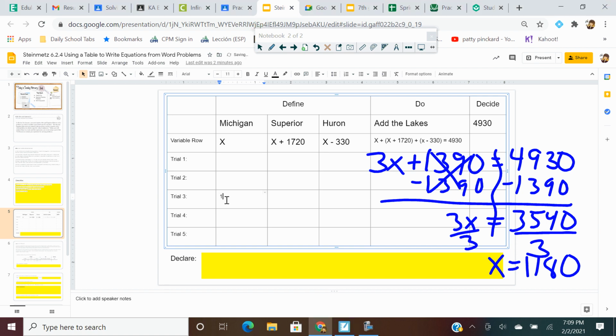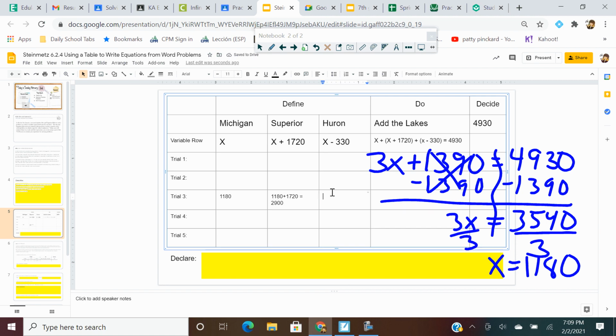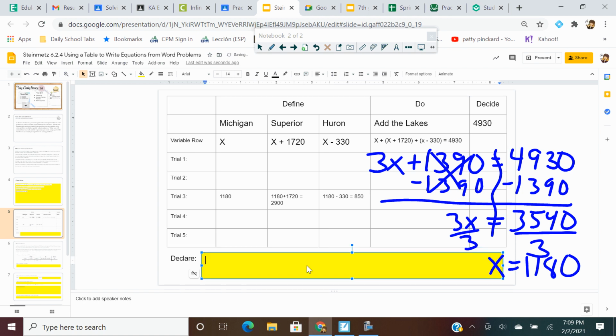If Michigan is 1,180, for Lake Superior I do 1,180 plus 1,720, which equals 2,900. And to find Lake Huron, I do 1,180 minus 330, which gives me 850. So now I can write my final declare.